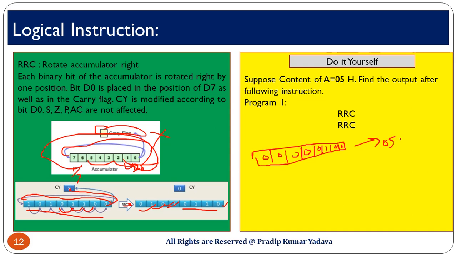What happened first time? First time means this value will be shifted here. Okay. Now draw this, and this will be here.